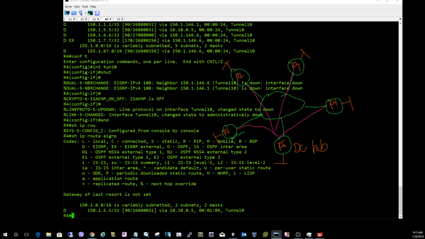Let's go back to our diagram here. The idea is R1 should be able to communicate with R2, R3, R4, and R5. But if you look at the routing table here of one of the spokes, it's only learning about the loopback of router 5. Did you notice that?